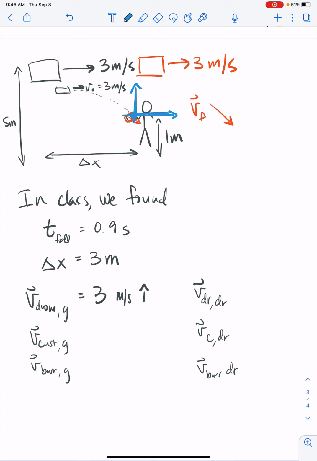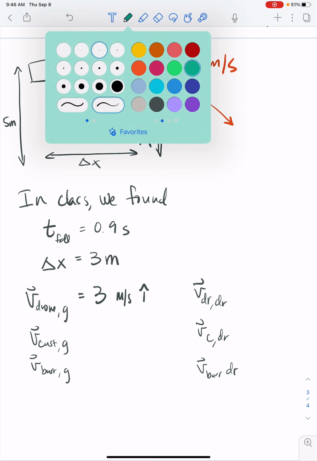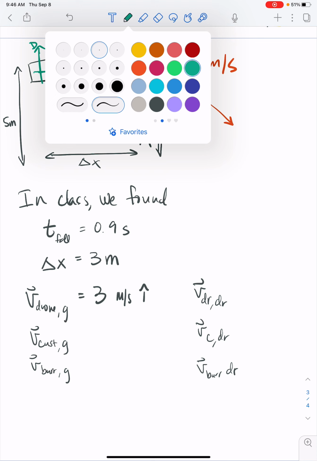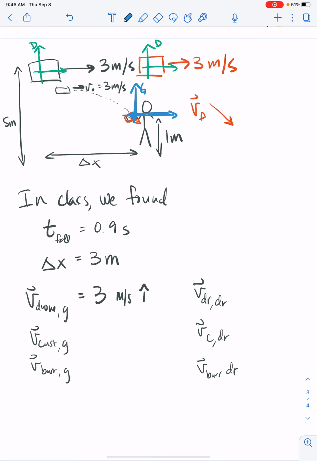Not the way I noticed when I did this problem in class, I moved the coordinate system from what we had used earlier, but let's do it this time. Define that same coordinate system, and then we'll have a drone coordinate system that is right here initially and moves with the drone. So we'll call this drone, and we'll call this one ground, okay?